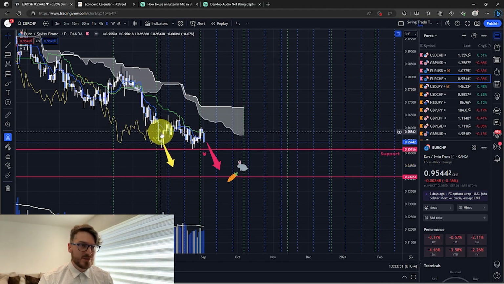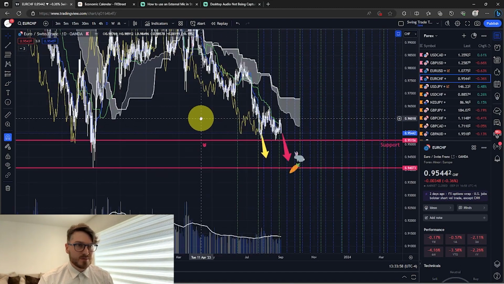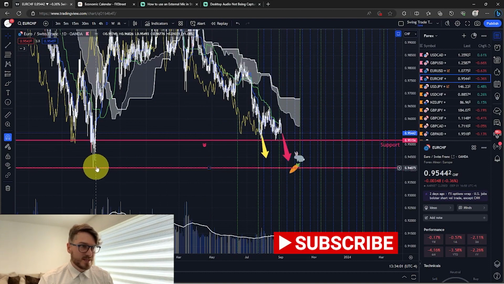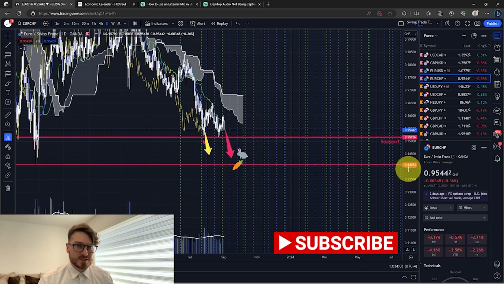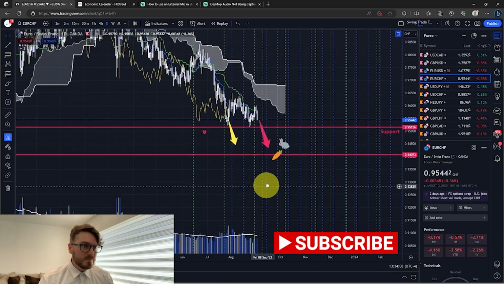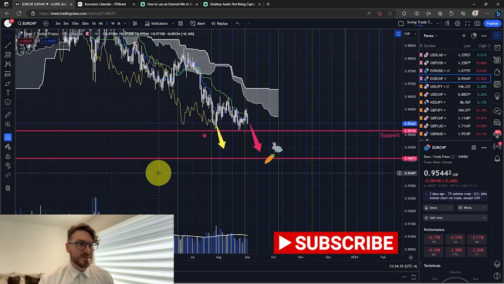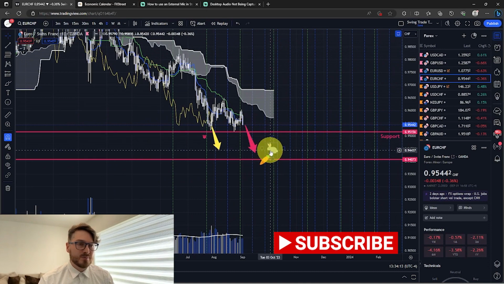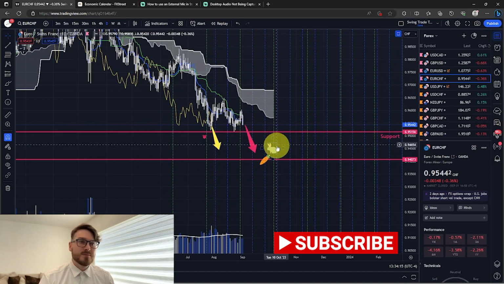But I'm expecting the Chikou span to break below the candles, and I'm also expecting price to move down to this next support level here, which is the 0.94073 level. So I'm going to be keeping my eye on this week, and if we get that breakout, I'm going to be looking to enter a trade perhaps.